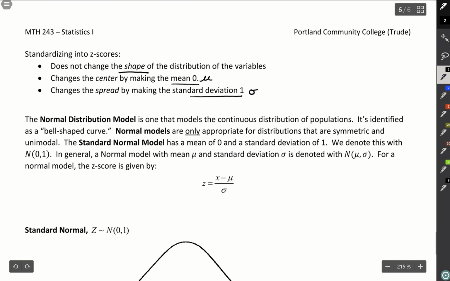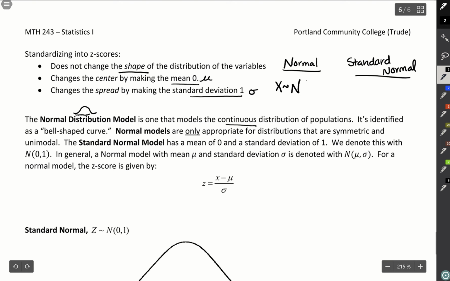So the normal distribution model tells us bell-shaped curve. That's what that translates to. It's a continuous distribution, meaning we can land anywhere on our number line. Then we're going to have these two terms: there's normal model, and then there is standard normal model. You want to be careful of whether it says standard normal versus normal, because normal is a distribution of x values.